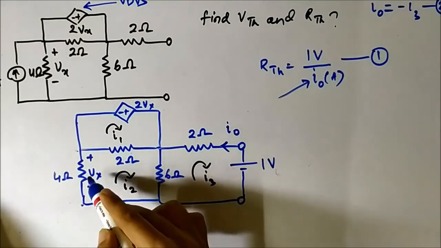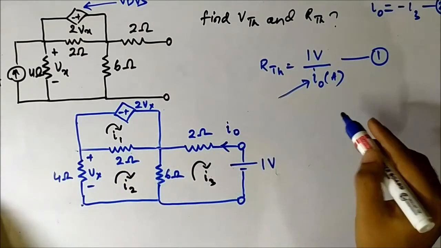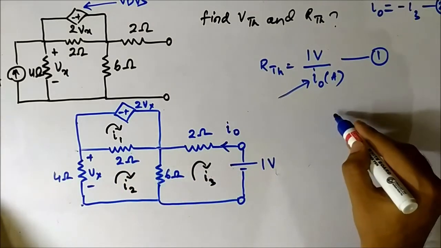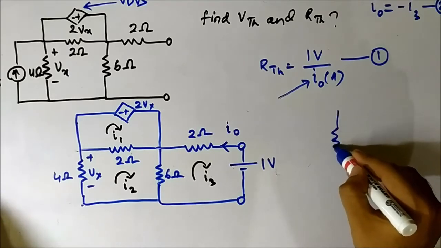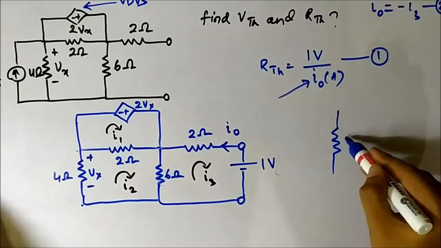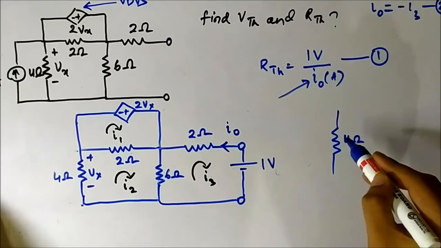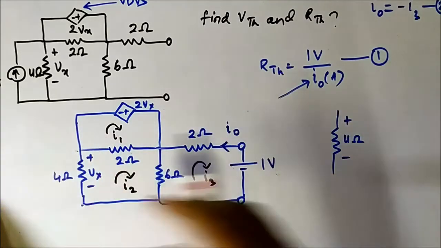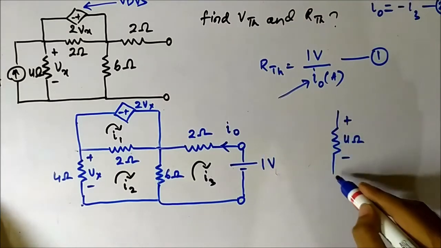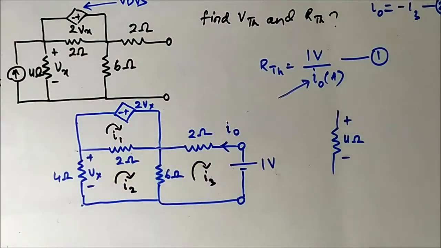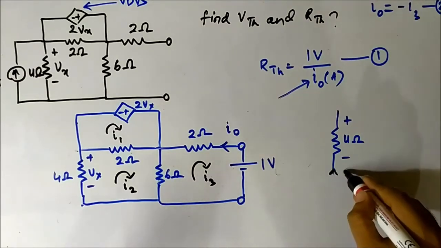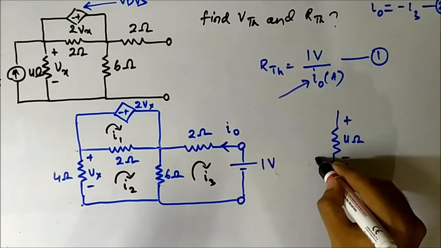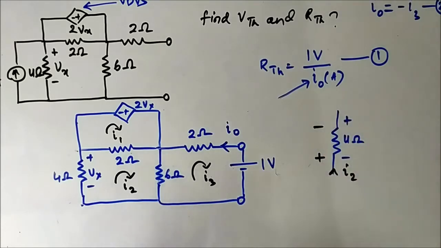Another important relationship is the value of Vx. So here Vx is the voltage drop across this 4 ohm resistor. It is in this way, the polarity which is being asked in the question. But the I2 current is flowing in the opposite direction, so the actual polarity will be like this.